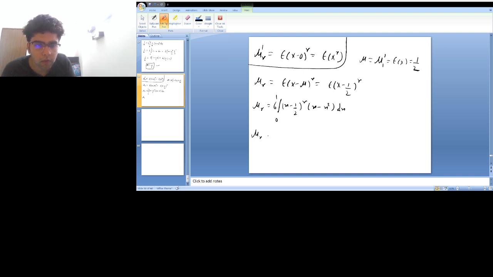Separating this gives me 6 into integral 0 to 1 of x minus half to the power r into x minus x square into x minus half to the power r dx, putting a bracket here.